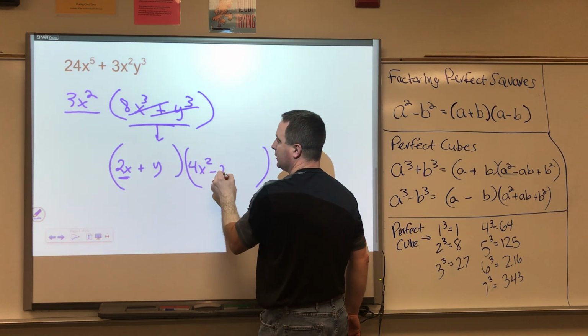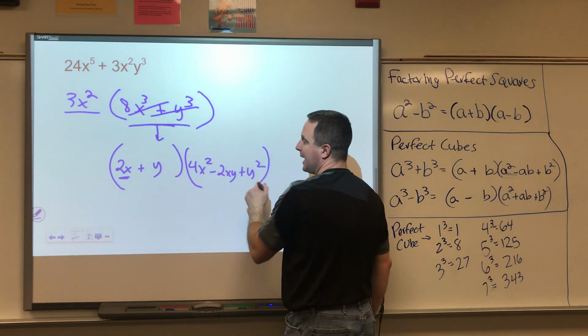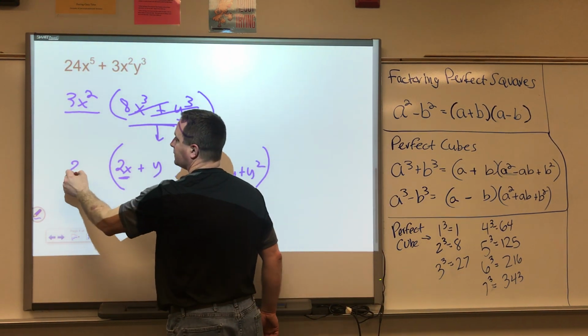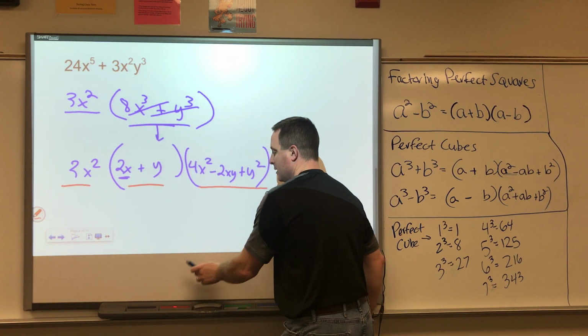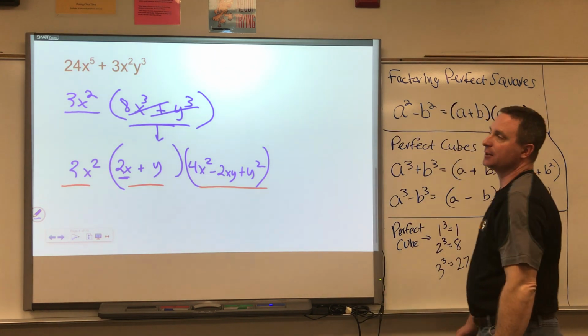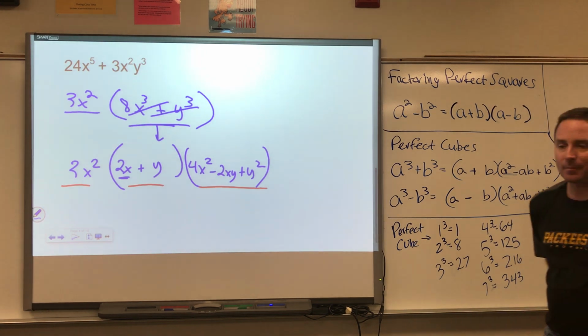Change the sign, multiply them together as 2xy, and square the last term to get y squared. And that guy comes along for the ride. 1, 2, 3 parts to my answer again. Hopefully the more you practice these, the easier they're going to be. Talk yourself through it using this little pattern.